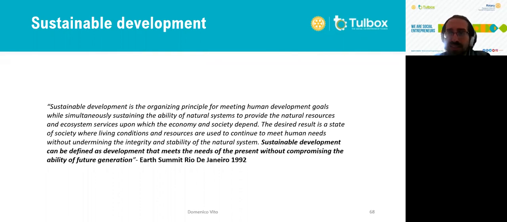Recalling an ancient Indian saying, we are not owning the earth, but we are renting it for our children, and so we have to leave it to them in a good condition and with the same opportunity to have the benefits and the wellness that we achieved.